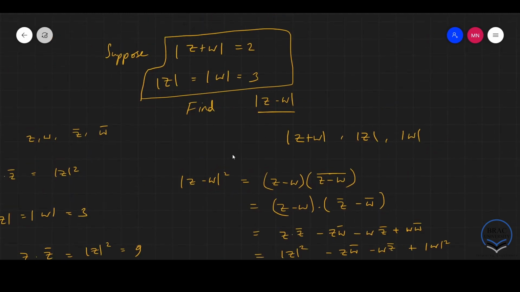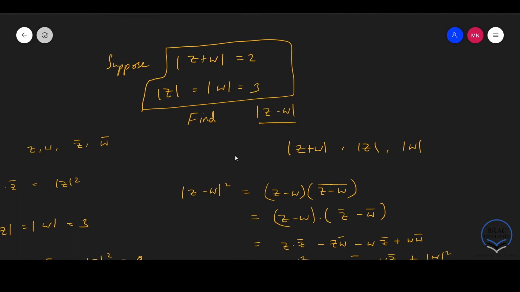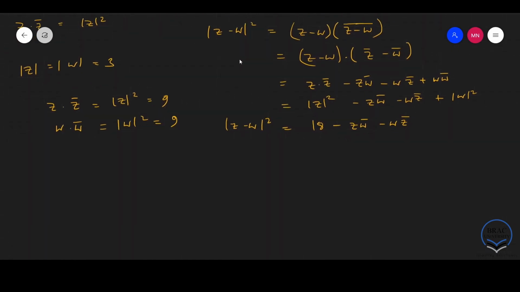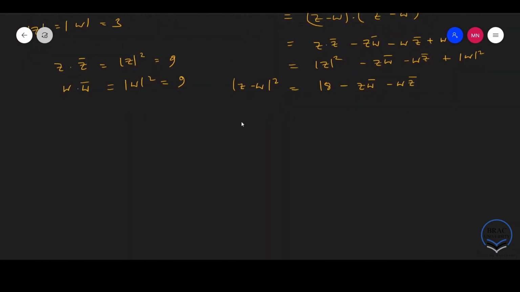And the other information that was given is the magnitude of z plus w is equal to 2. So that means that the magnitude of z plus w squared is equal to 4, right? So this is equal to z plus w times z plus w conjugate, and we can just write this as z bar plus w bar.